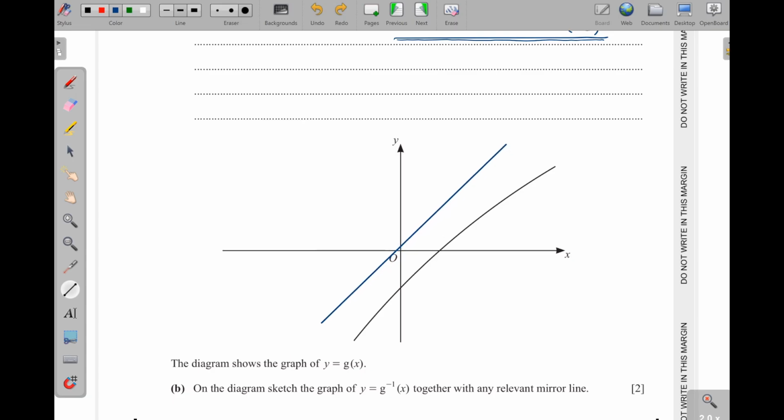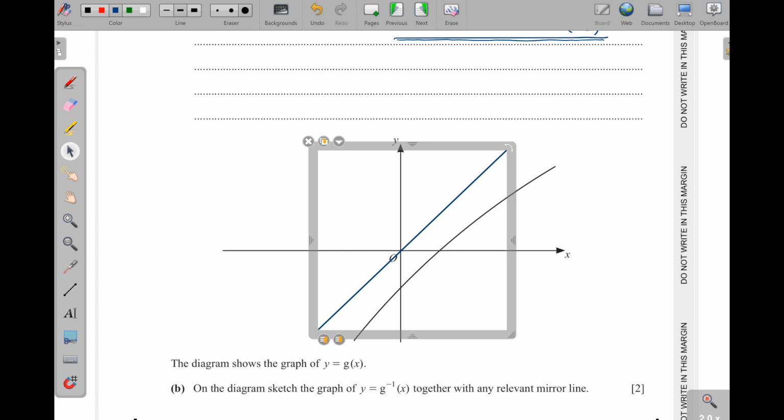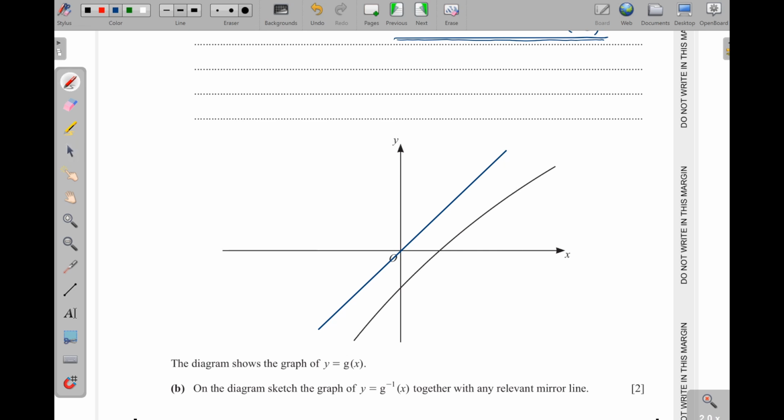Automatically, we are going to have a reflection of this graph in the line y is equal to x. So when they say the relevant mirror line, this is the one.